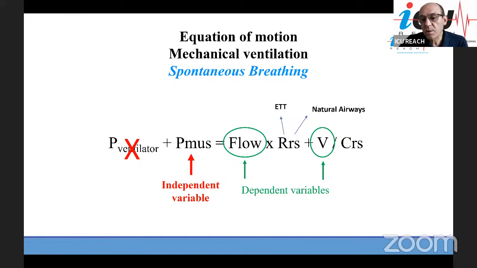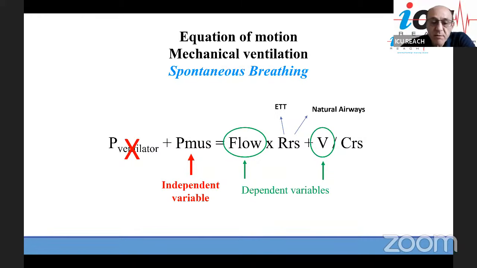And the dependent variables would be the flow and the volume, meaning that the flow and the volume will be variable, dependent on how much pressure the patient is generating.